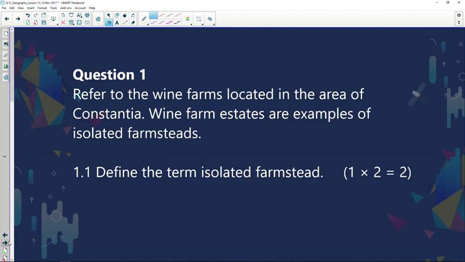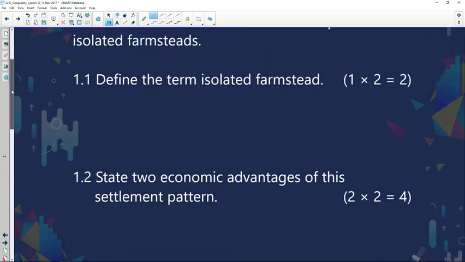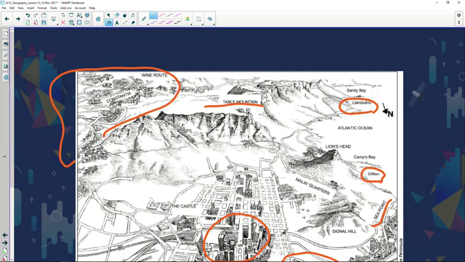Refer to the wine farms located in the area of Constantia. Wine farm estates are examples of isolated farmsteads. Define the term isolated farmstead. Let's quickly look back at it. As you can see, there's the wine farm of Constantia. You can see the main house over there.